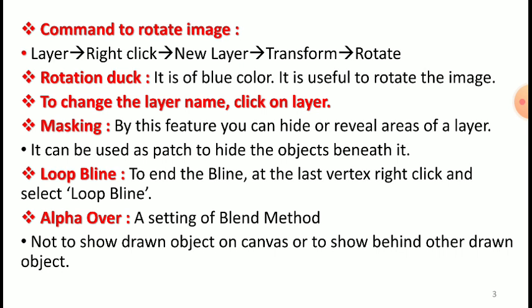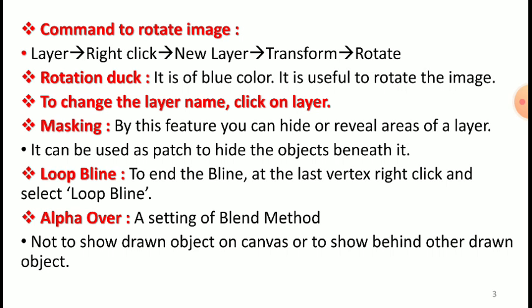Next, to change the layer name, click on the layer. Next is masking. By this feature you can hide or reveal areas of a layer. It can be used as a mask to hide the object beneath it.